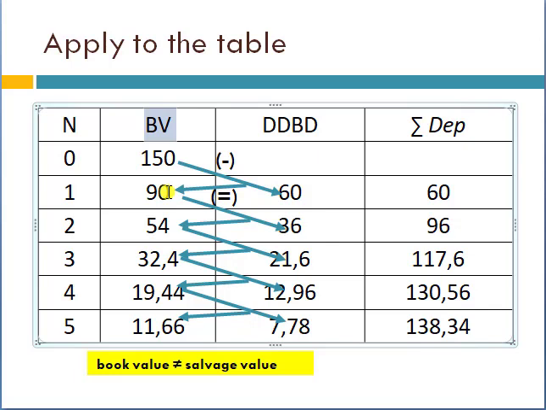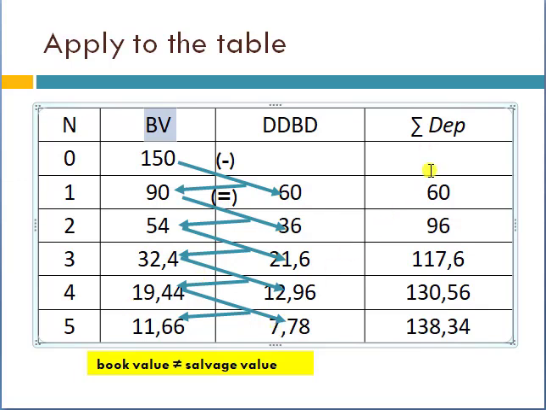We got 90. Why did we get 90? Because the depreciation in the first year is 60. 150 minus 60, we got 90. And I repeat until year 5. 90 minus 36, we got 54, and continue.